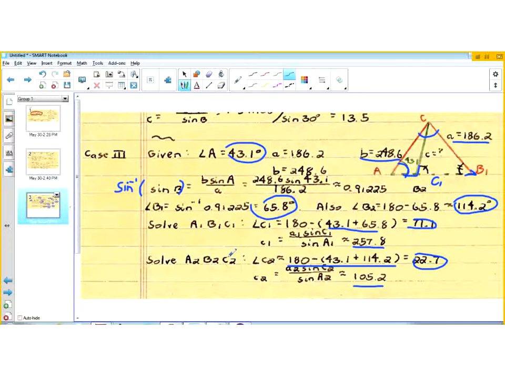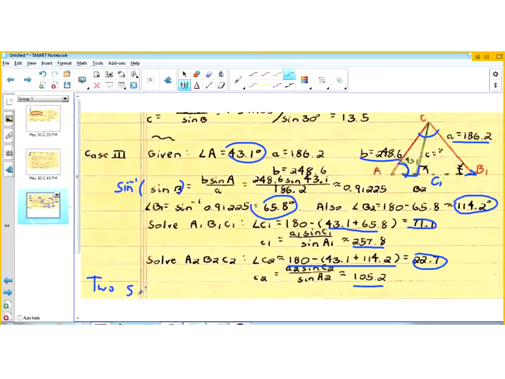Okay, and so now we have the fourth case. If we're given the length of two sides of a triangle and the measure of an angle, that's called the side-side angle case. Actually, case 3 is called the two-solution case.